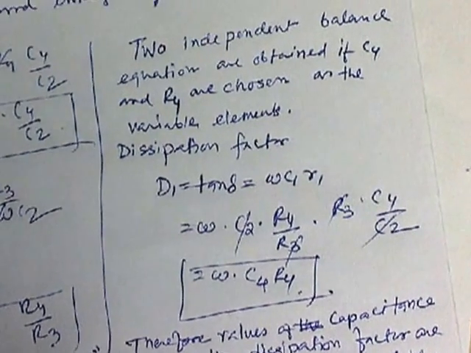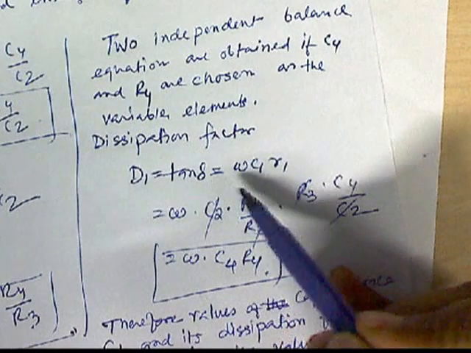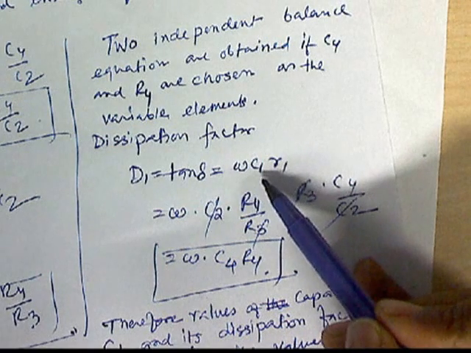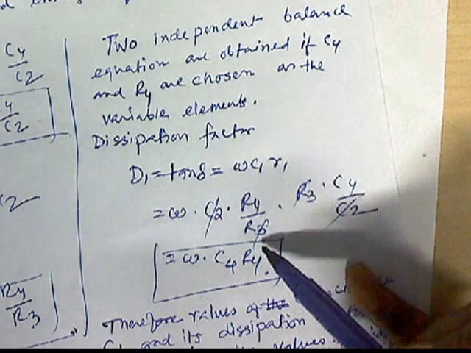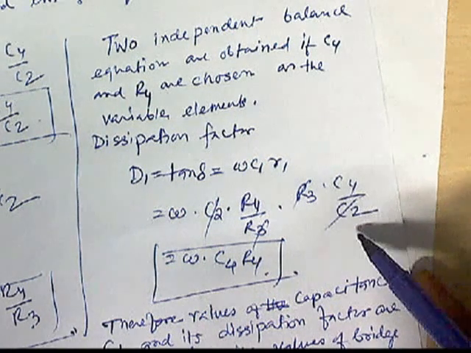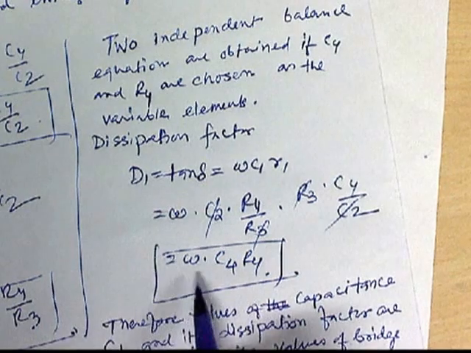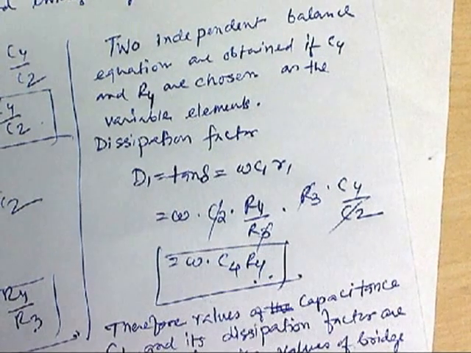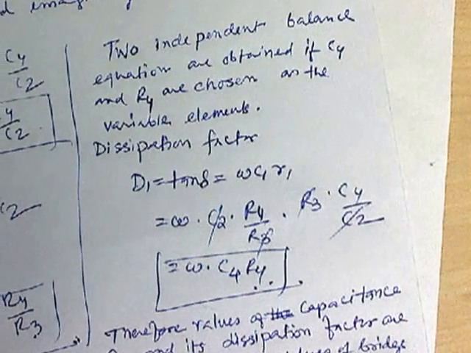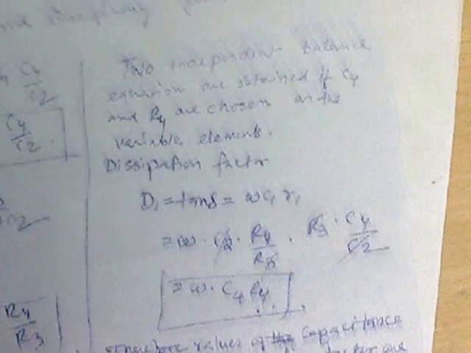Now the dissipation factor D is equal to tan delta, which is equal to omega C1 R1. Putting the values of C1 and R1, we get the dissipation factor D is equal to omega C4 R4. Therefore the capacitance C1 and its dissipation factor are obtained from the values of the bridge elements at balance.